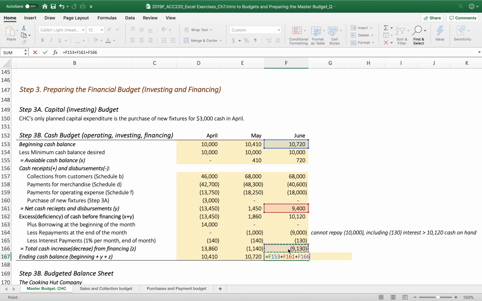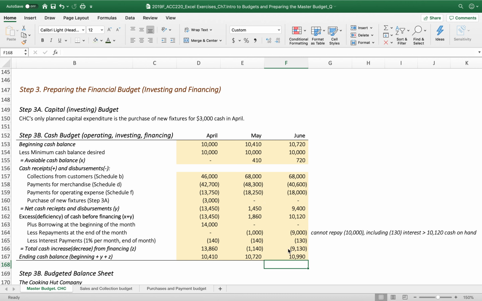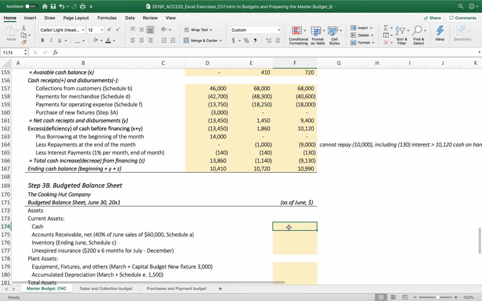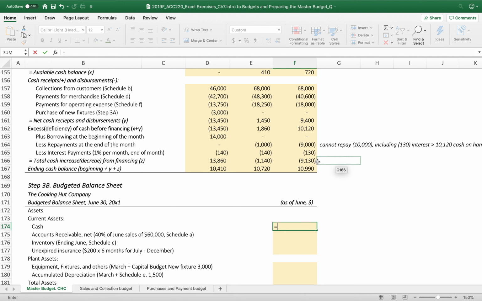Okay, so the ending balance is 10,990. Okay, so this amount should be correlated to the cash balance at the end of June, right? So this amount, $10,990.